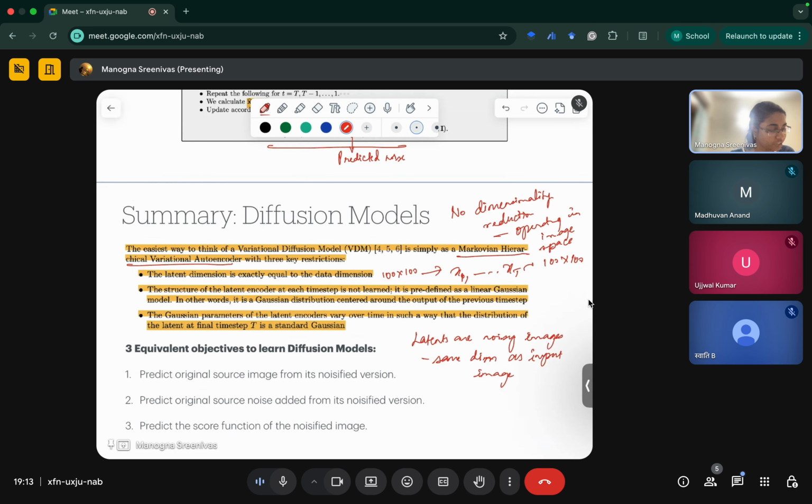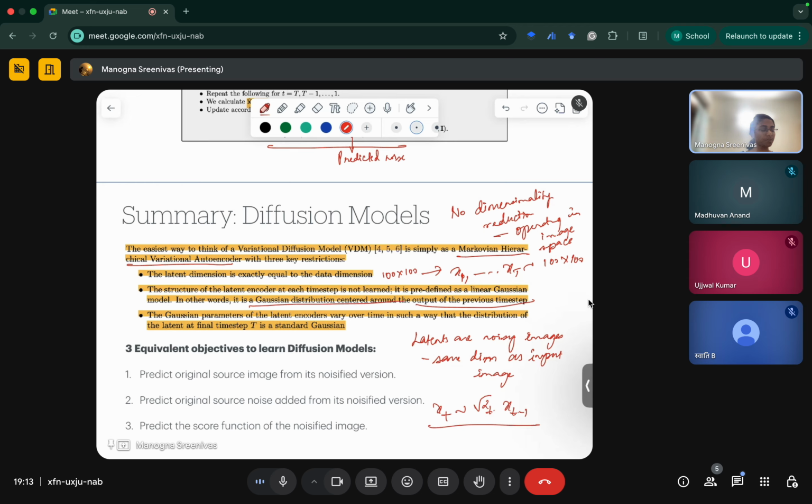So the structure of the latent encoder at each time step is not learned. It is predefined as a linear Gaussian model, right? That equation, the form which we saw, that form is the encoder. And at every time step, the Gaussian is centered around the output of the previous time step, right? So xt is centered around what? Square root of alpha t xt minus 1.